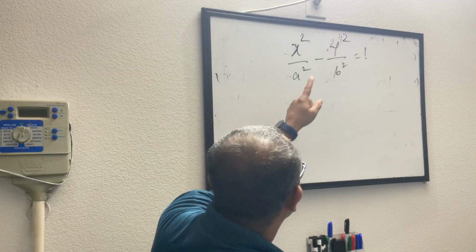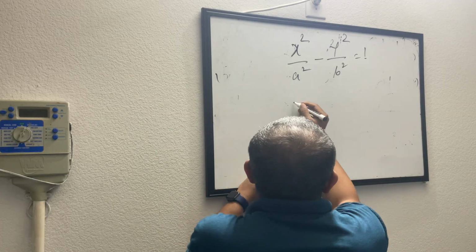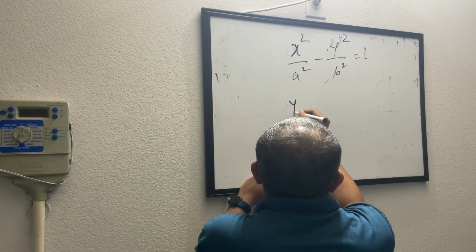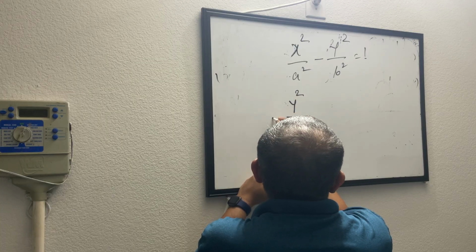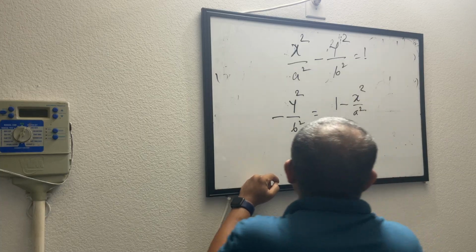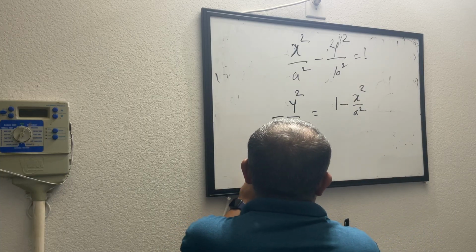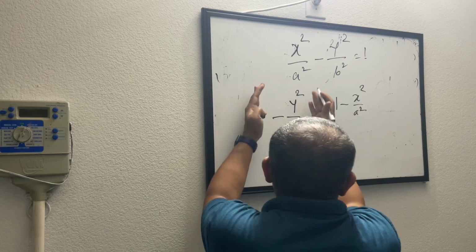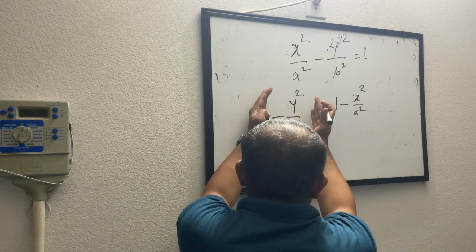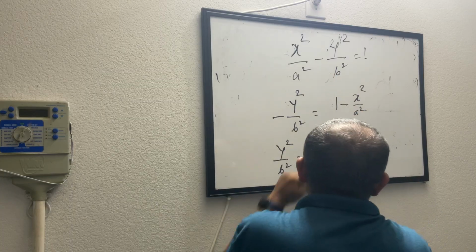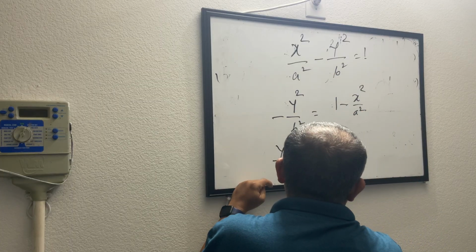Here, let's find out some relationship between x and y. So y squared by b squared will be equal to 1 minus x squared by a squared. Multiplying everything by minus 1 on both sides, this becomes positive.